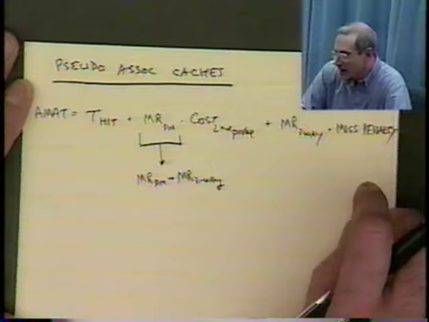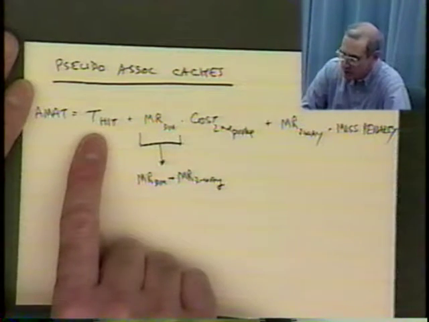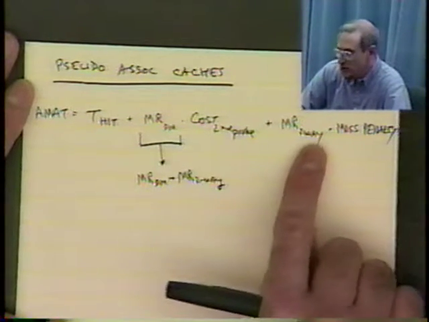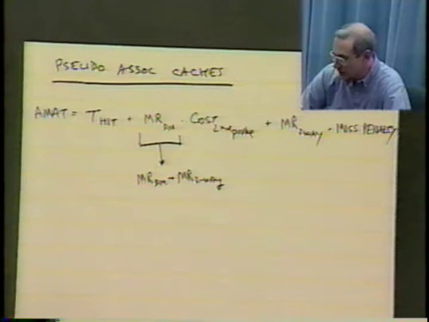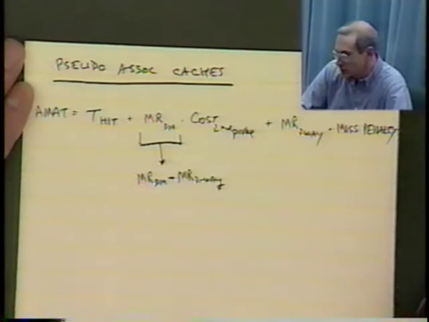So that's a different model for the way the pseudo-associative cache is working, that says, well, first you try the first location, and then in parallel you try the second location and also go to main memory, assuming that the first one might miss. So it's a kind of parallel operation. Depending on how you implement the pseudo-associative cache, you might use one model or the other. I think this one tends to be more realistic.